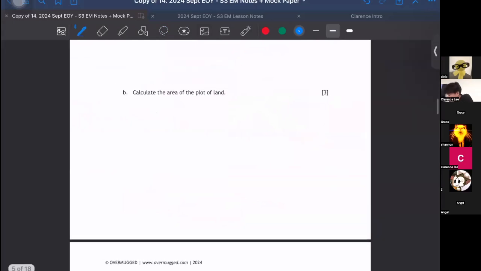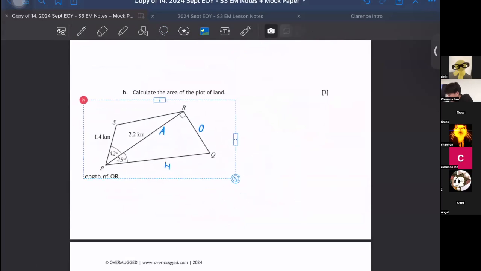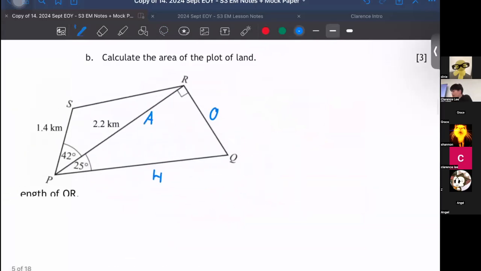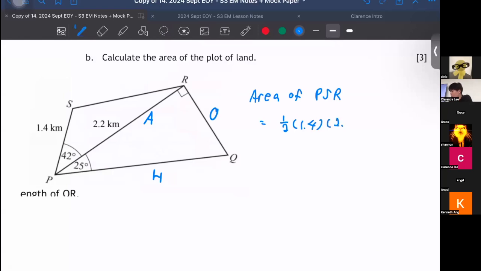Don't know why I can't paste my screenshot, but okay, so let's say this is my area. We're going to find the area of this plot of land. Same, you ask yourself, what kind of triangles are we working with? From here, you have two different triangles, PSR and PRQ. PSR is a non-right angle triangle, which means if you want to find the area of PSR, we must use half ab sine C. So it will be half times 1.4 times 2.2 sine 42 degrees. Same thing, don't need to evaluate. You can leave this as it is first.